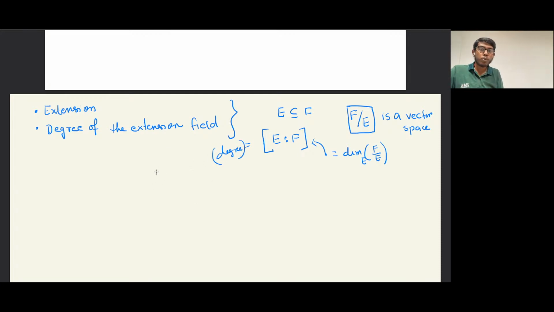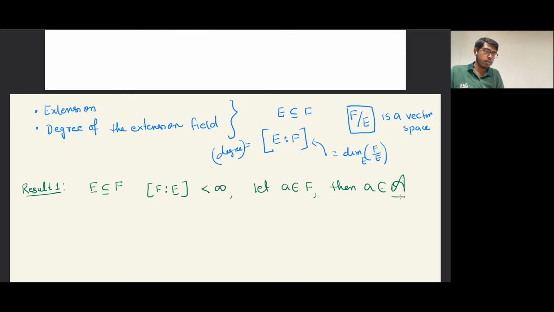Okay, so there are a couple of results. I'll write result 1. It says that if F over E is a finite extension, and let A belong to F, then A is an algebraic number.